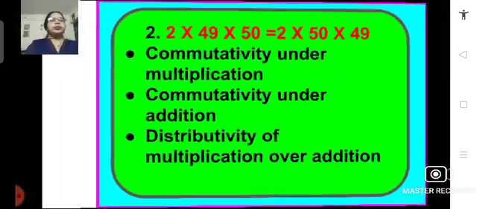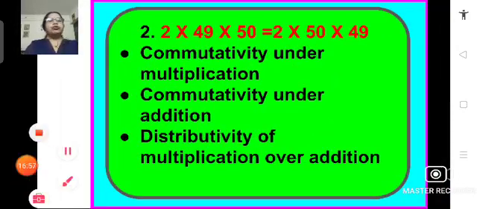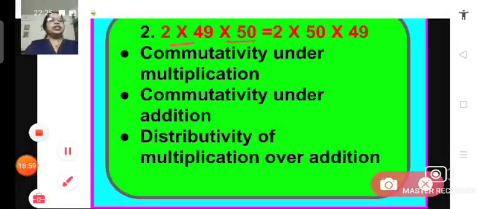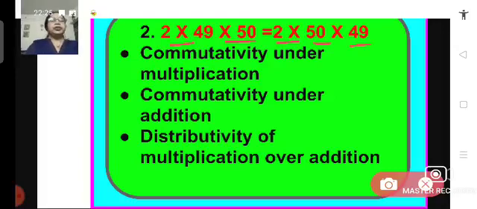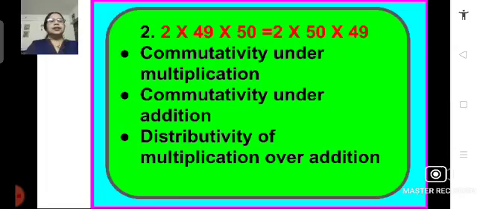Next problem, 2 into 49 into 50 is equal to 2 into 50 into 49. Which property is used here? It is the commutative property under multiplication. So the first option is the correct answer.